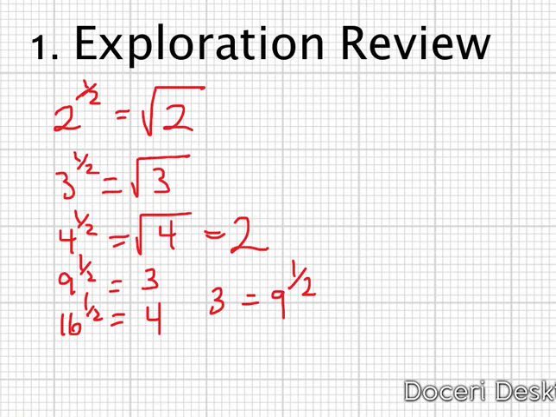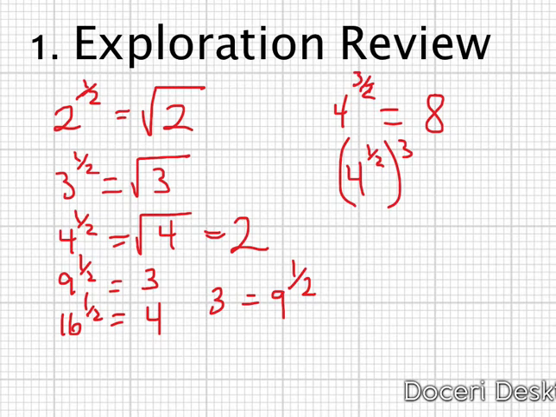The other thing that they talked about was, what if I have 4 to the 3/2? This ended up being 8. And the reason it's 8 is because I can rewrite this 4 to the 3/2 as 4 raised to the 1/2 cubed.